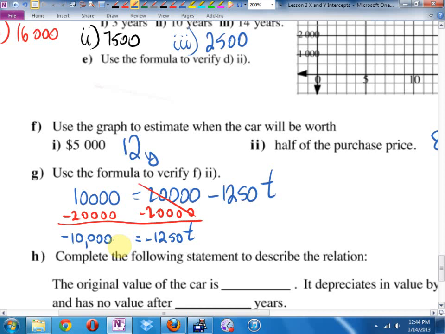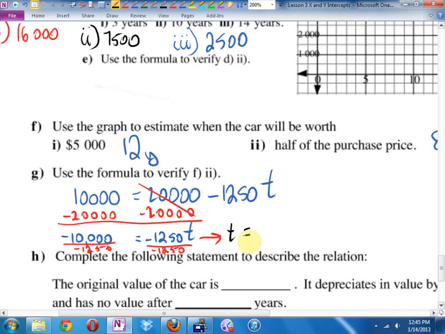Yeah, right? So now I'm going to divide by negative 1250, and when I do that, I'll get the T by itself, and apparently that equals negative 10,000 divided by negative 1250.